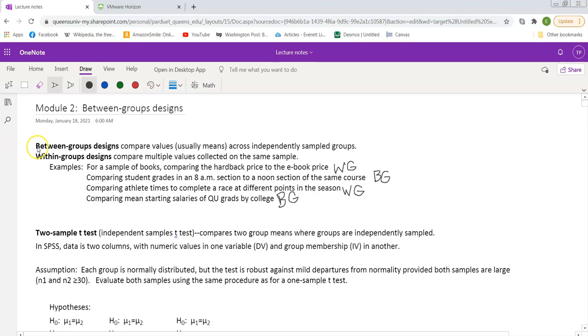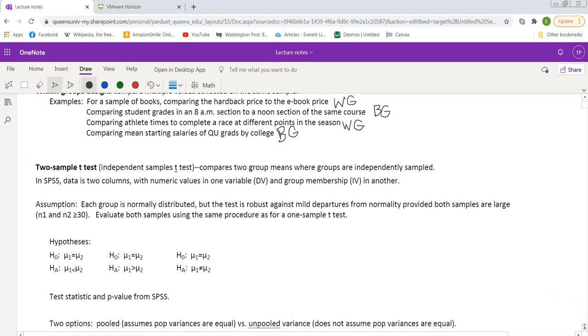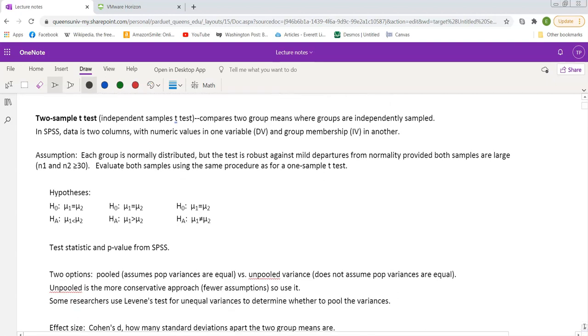So we're going to focus first on between groups designs, and we'll be doing that for a couple of weeks. And then we're going to look at within groups designs. Our first between groups design is the two-sample t-test, also called the independent samples t-test. This one is used for comparing two group means.